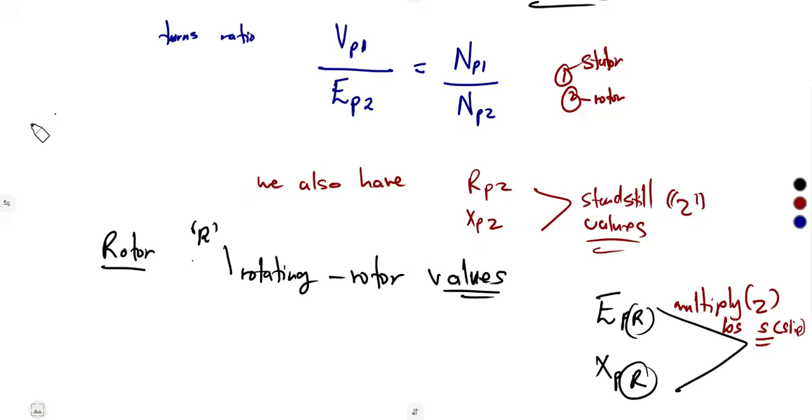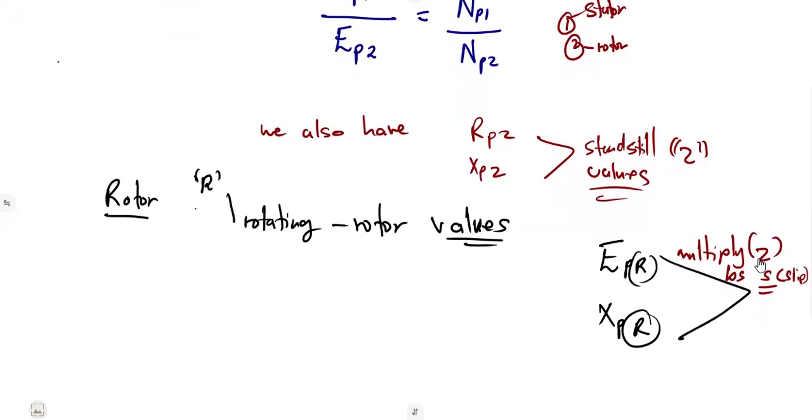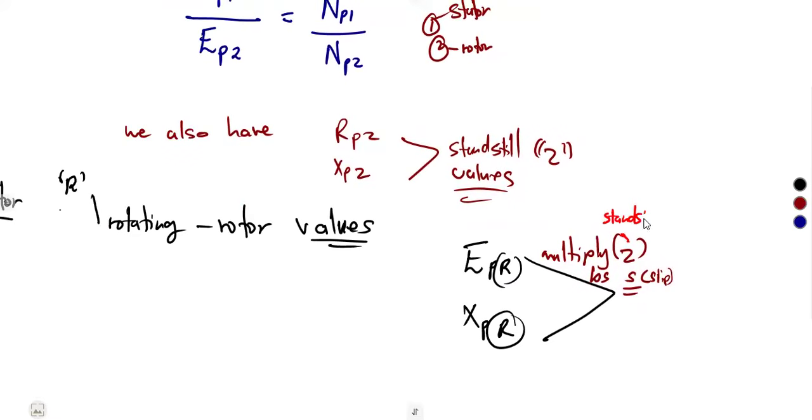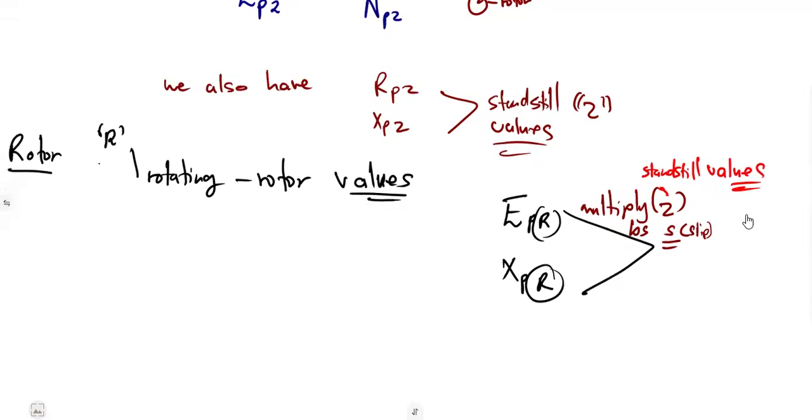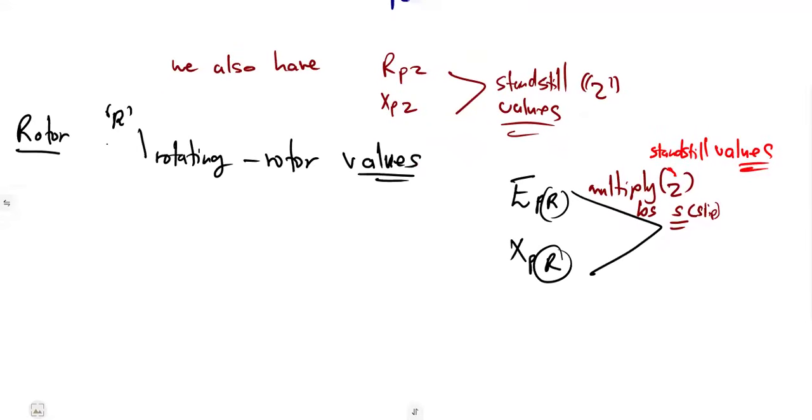It is still the same reactance, but at rotating values. So those values, to get them, you multiply the standstill values, 2 standstill values. Remember, 2 is for standstill values. You multiply them by the slip. By doing so, you have the rotating rotor values.